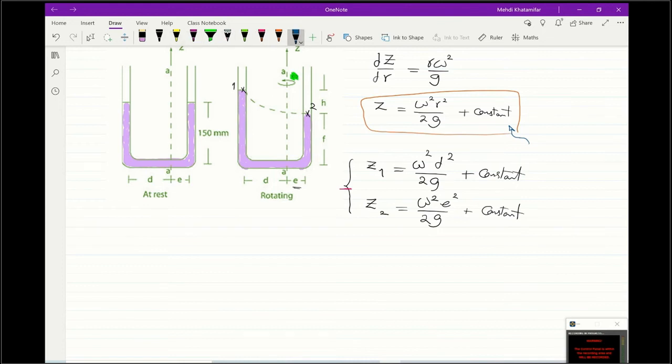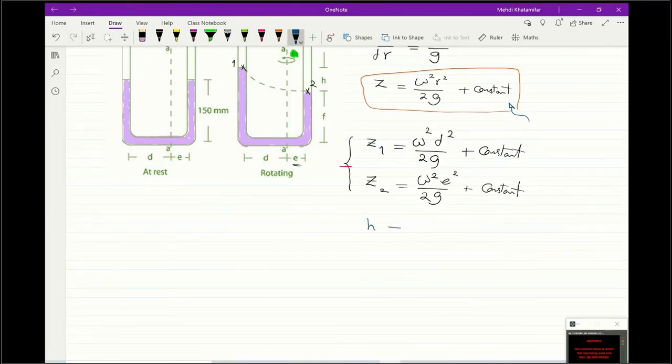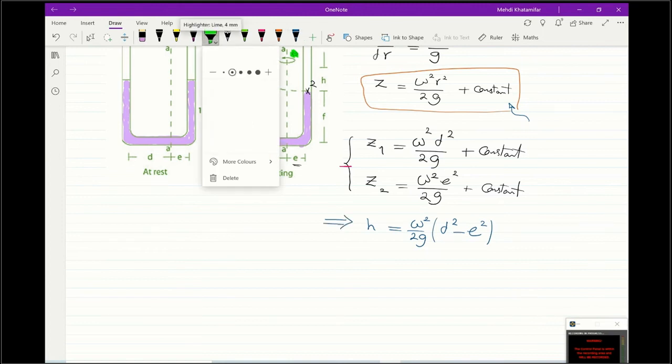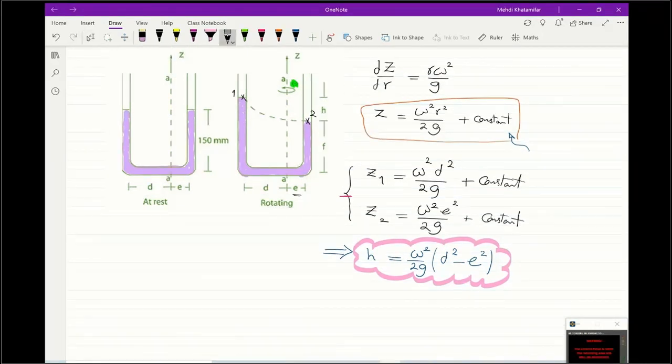Z1 minus Z2 is going to be h equals, let's factor omega squared divided by 2g times D squared minus E squared, and the constant numbers cancel each other out. Now if I check this formula, I have all the information I need.